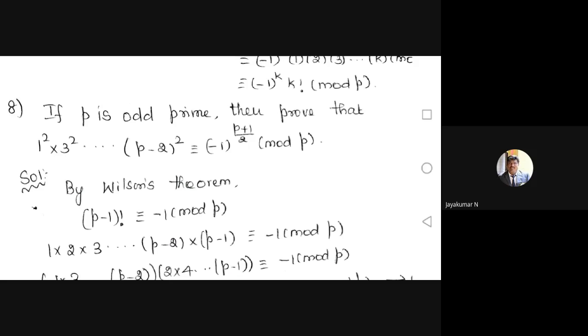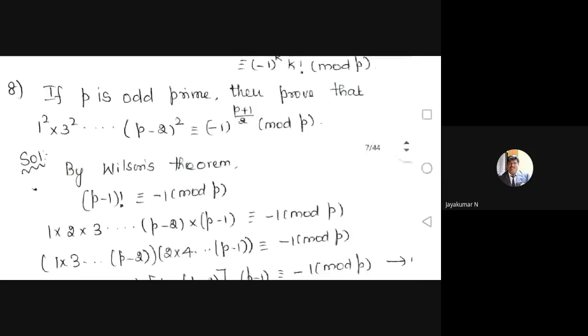The p minus 1 integers are equally separated into odd and even. 1 into 3 into 5 up to p minus 2 is the odd integer collection, and the remaining 2 into 4 up to p minus 1 is the even integer collection. So the number of odd integers is p minus 1 whole divided by 2, and the number of even integers is p minus 1 whole divided by 2.